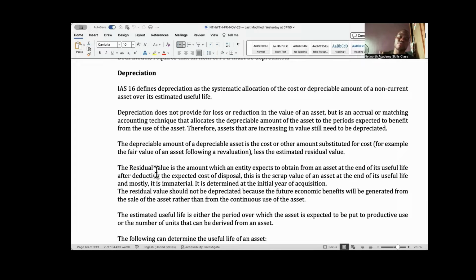And also it complies with accrual concept in the sense that when you buy an asset, accrual says that you can only recognize an expense in your books when you have incurred the expense. So when you buy an asset that you're supposed to enjoy for 5 years, for example, when you have used it for 1 year, then it means that you have enjoyed benefit from that asset for 1 year.